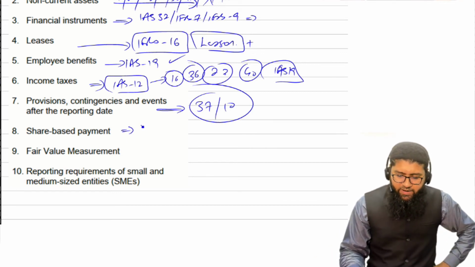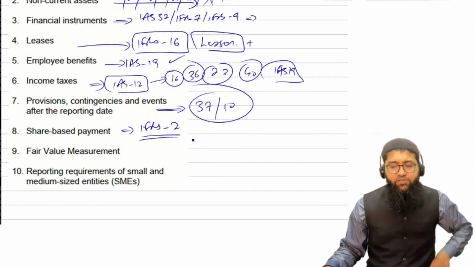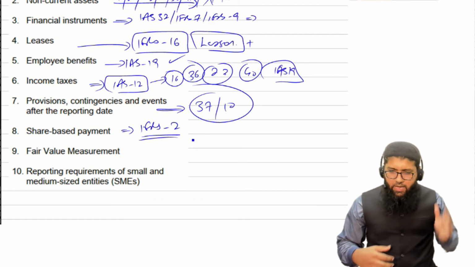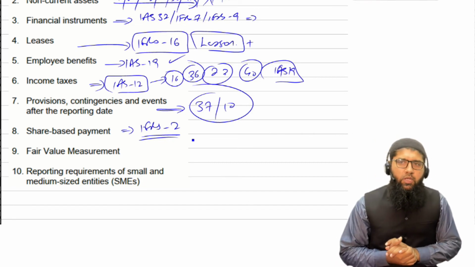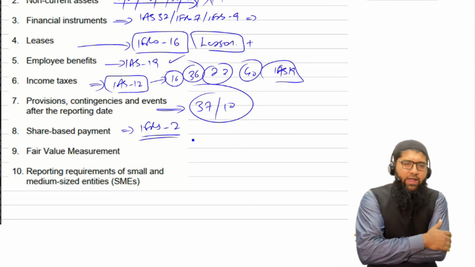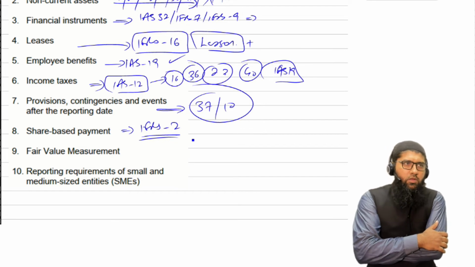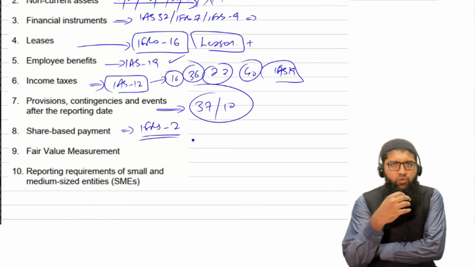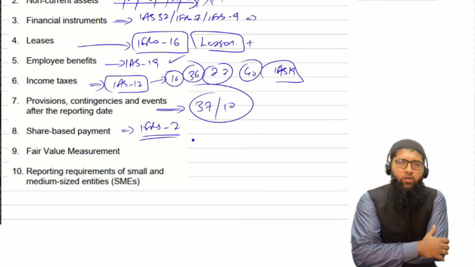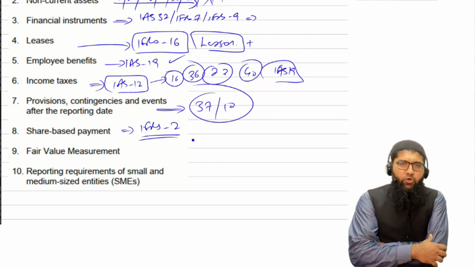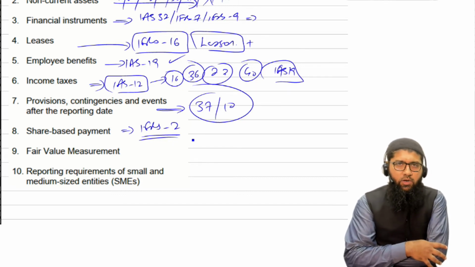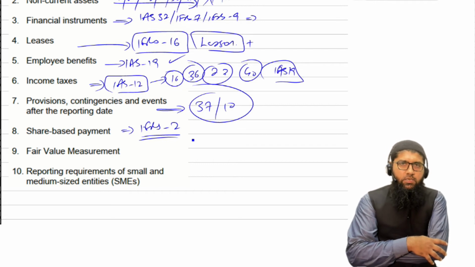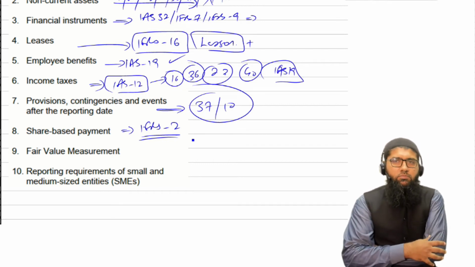You've got share-based payment. It's covered under IFRS 2. Let's take an example of it. You import machinery, you import plants, you import equipment. You tell your supplier, we don't have money, we don't have cash. So the supplier would obviously charge you an extra amount if you want to buy on credit. You tell the supplier that, look, I am not interested in buying on credit and paying an extra amount.